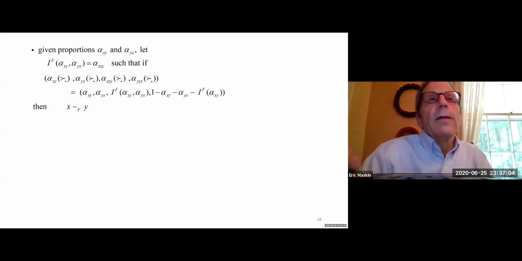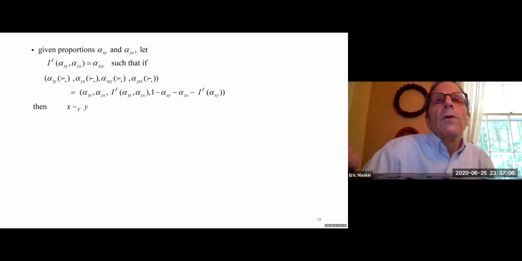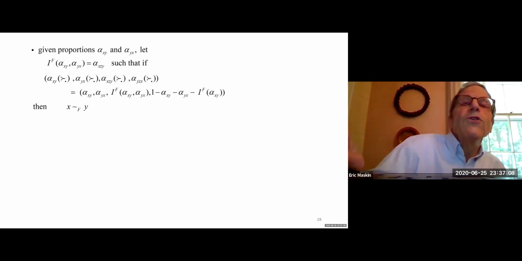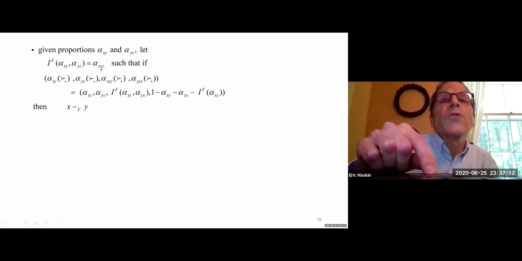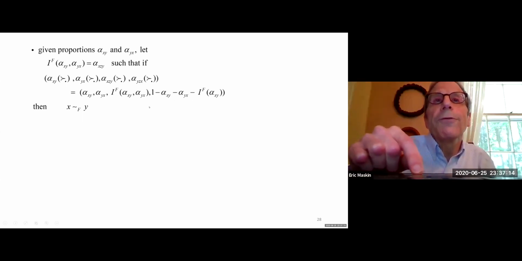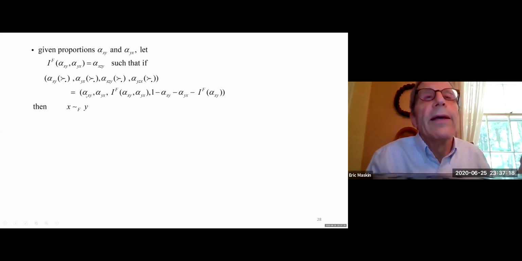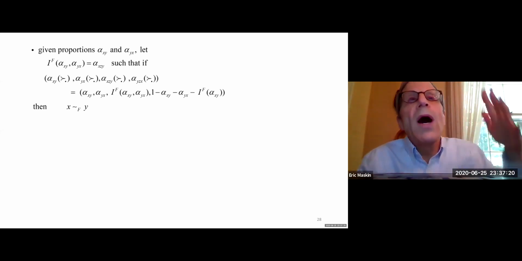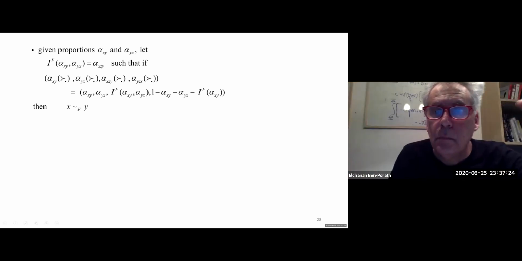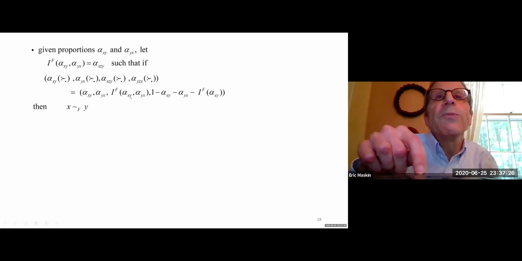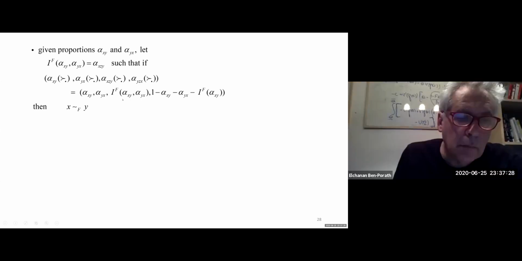It may be that there's no value of alpha x c y for which you get social indifference. For example, if alpha x y equaled 1, if everybody preferred x to y, then there's no way that we could make society indifferent between x and y.